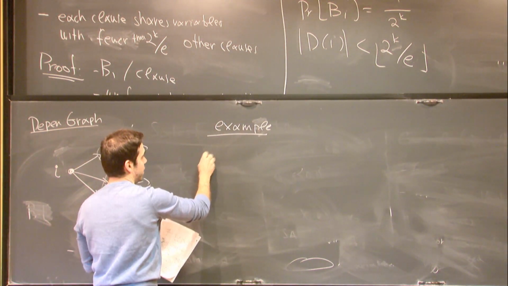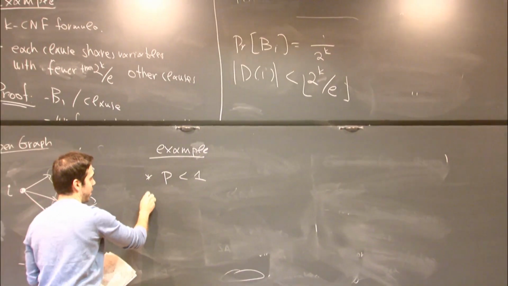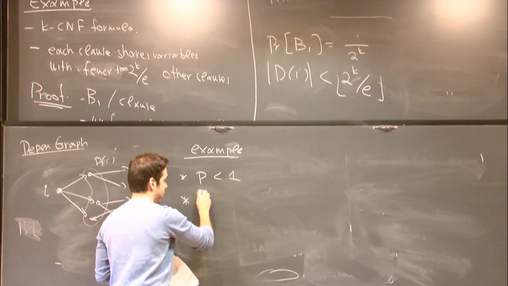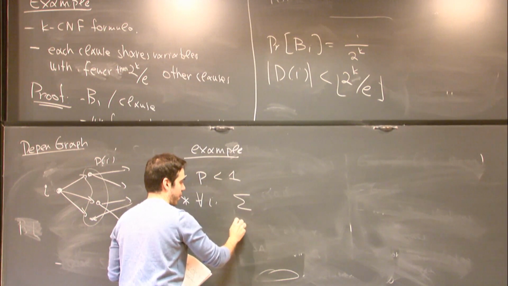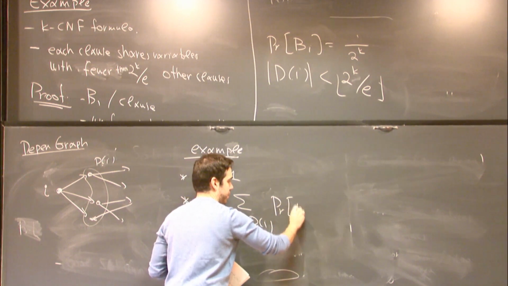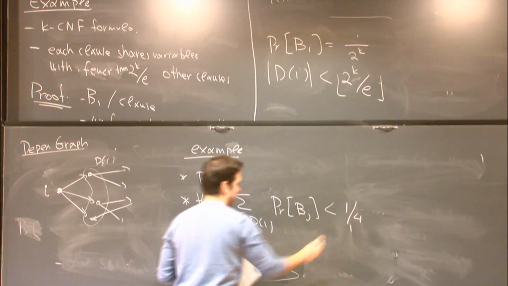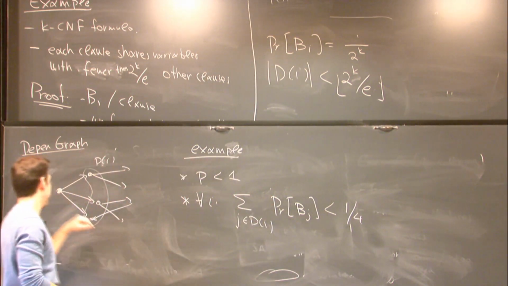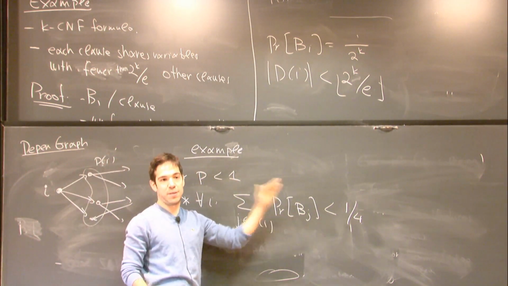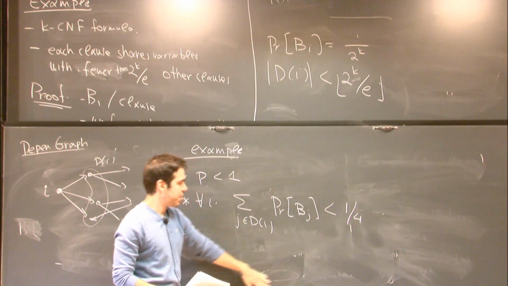If p is less than 1, this is again the uniform bound over all the probabilities of bad events, and for every i, you sum over the probabilities of each neighborhood. If this is less than 1 over 4, then the same conclusion holds.